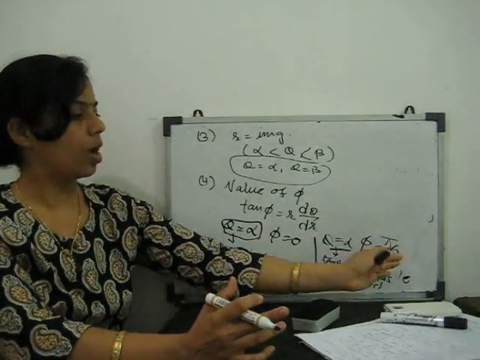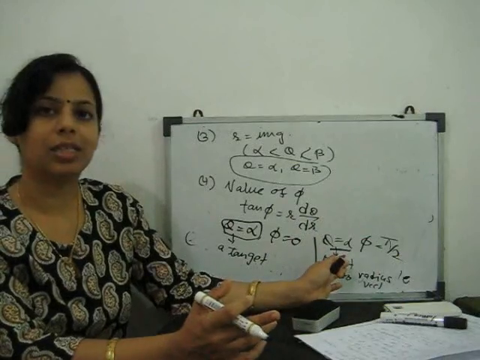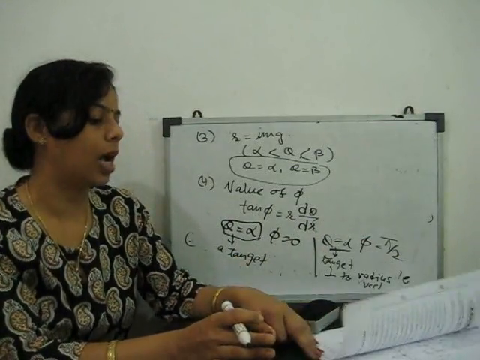And if it gives pi by 2, the tangent is perpendicular to that radius vector.